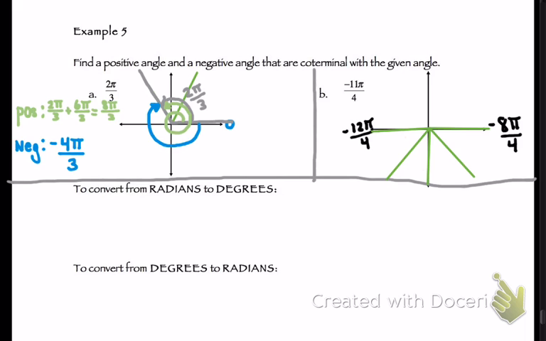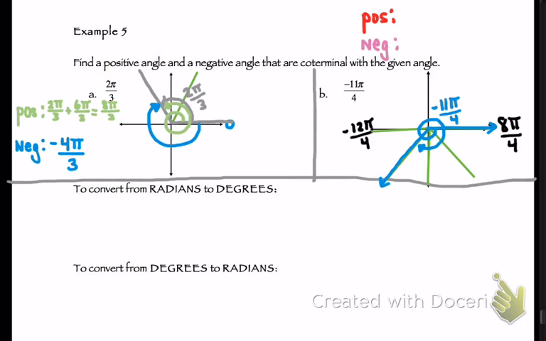Think about this. Negative 4, negative 8, all the way to negative 12, so that means that negative 11 pi over 4 needs to be 1 before that, so I know that there is my angle.